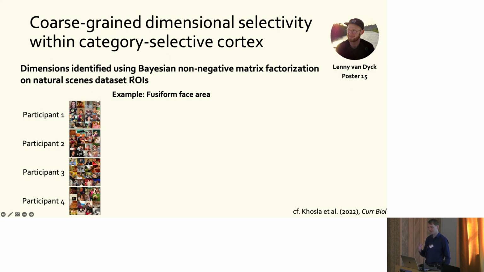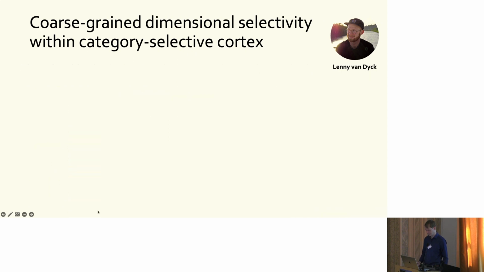And what Lenny is interested in is really trying to understand, if you look at the responses within these category selective brain regions, do you actually only find one dimension, the one dimension that you think the region should be responding to, or are there actually also other types of selectivities that you find in there? And for the example of FFA, here's one dimension. It's the first dimension that you find, and you can see that this is definitely a face or a people-related dimension based on these data.